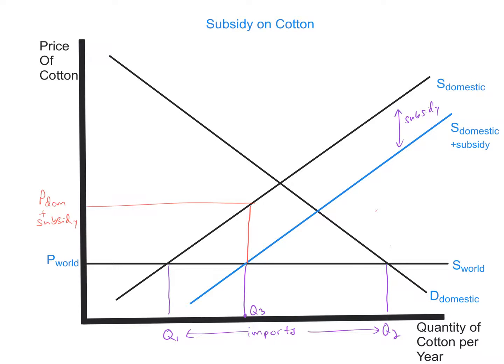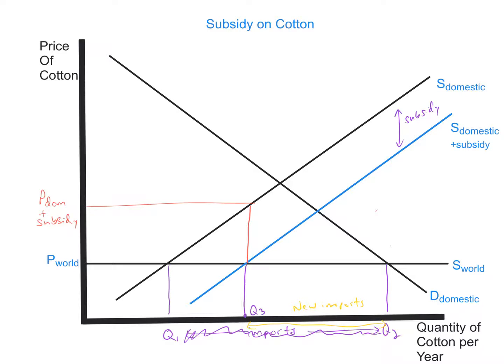Now, under this new setup, we have replaced some of these imports. So that distance is no longer the import distance. What's the import distance now is the distance between Q3 and Q2. So that is the new imports. I'm going to put that up above, imports after the subsidy.